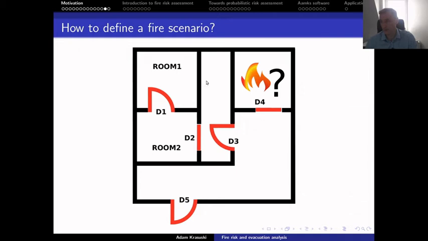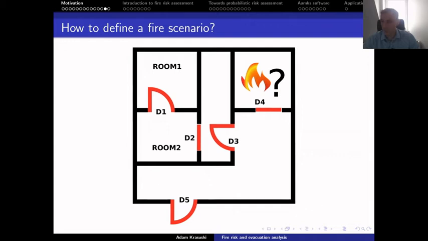So is the building safe or not? We should take into account the fire in this room, or maybe the probability of fire ignition at the corridor is so low that we should exclude the consequences of the fire with fire origin at the corridor. Maybe the probability that fire ignites at the corridor is so low that we shouldn't take it into account in our analysis.